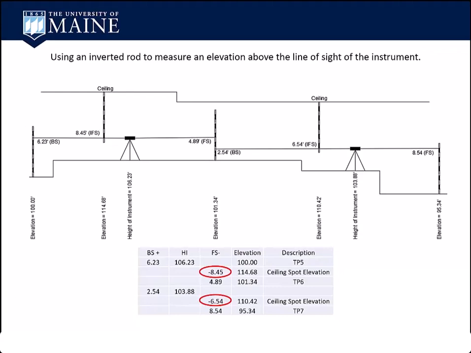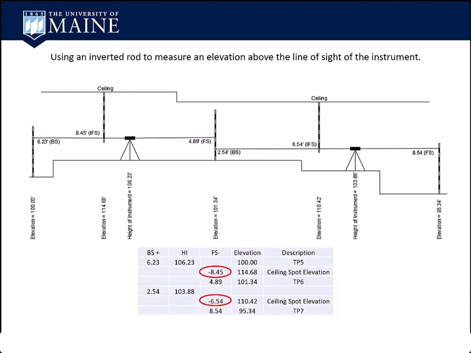So generally, when you have intermediate foresights, they would be booked before the sight on the turning point, because as soon as you shoot a turning point, you want to move the instrument so that the rod person is right there, and all they have to do is turn the rod to the new setup.